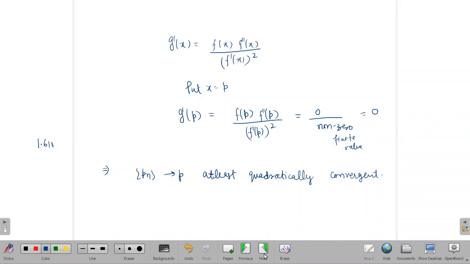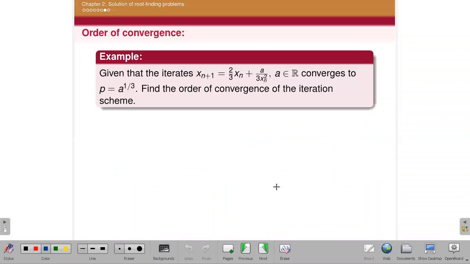Now there is one question: how can you check the order of convergence of any sequence? Suppose you have iterates here, x n plus 1 is equal to this expression. Here a is any real number, and the sequence converges to p, where p is a raised to the power 1 by 3. Find the order of convergence of this iteration scheme.